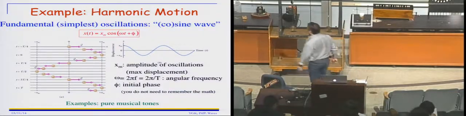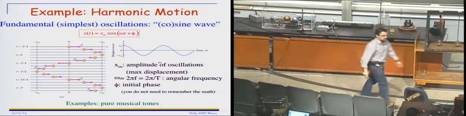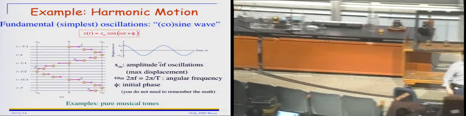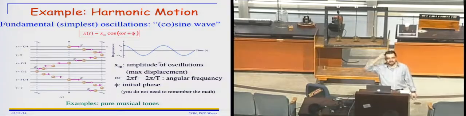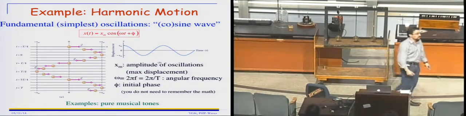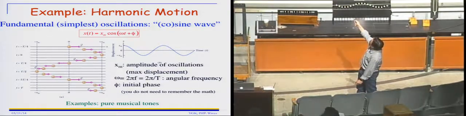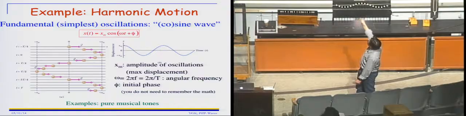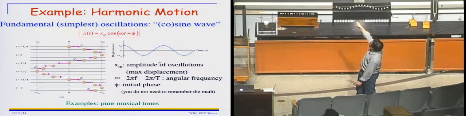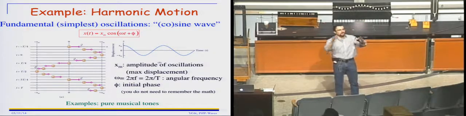So one example of this motion is so-called harmonic motion. This is possibly the only piece of math that you'll see. I will not test you on this piece of math, but for those mathematically inclined, and if you have taken trig at school, you have seen this function called cosine. It gives you oscillations whose dependence on time is very smooth and very harmonic, looks nice.